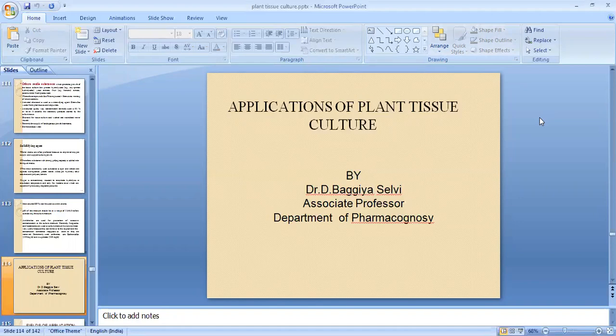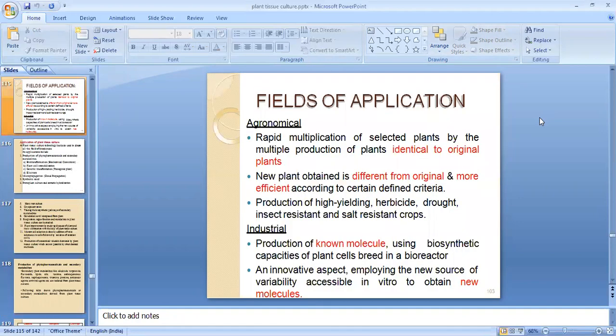So already you know that plant tissue culture is nothing but growing of an isolated plant tissue or a cell in an artificial medium by providing all the required environmental conditions to develop into a whole intact plant or to produce the secondary metabolites, whatever you decide.